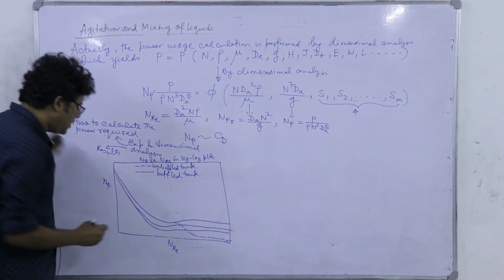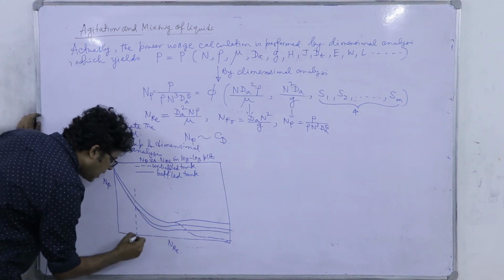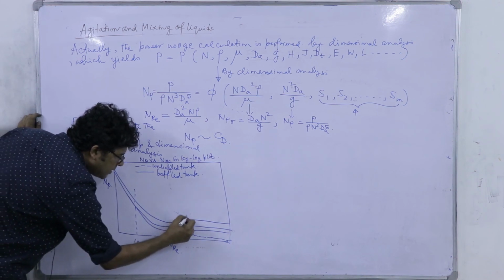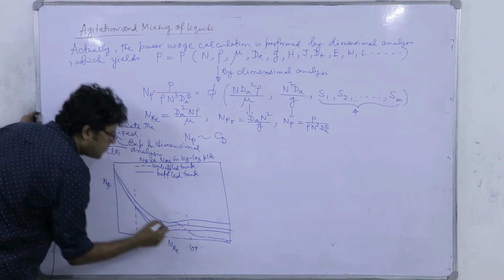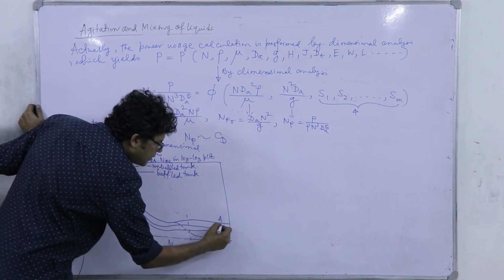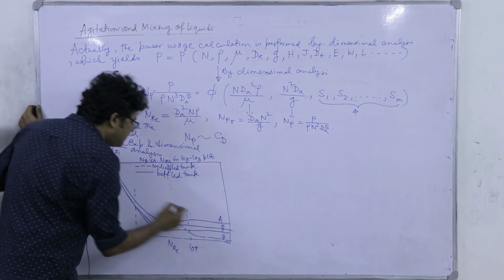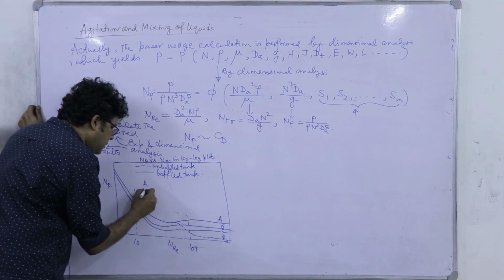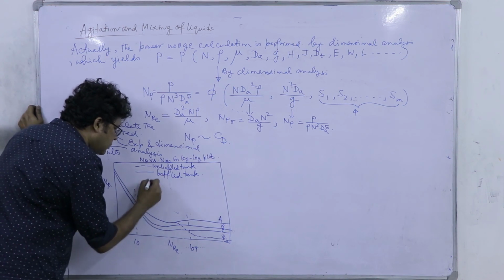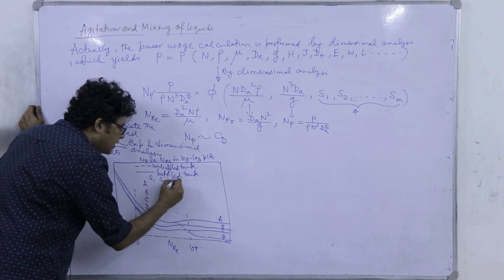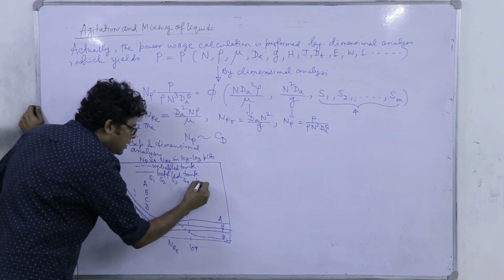Here, to have an idea, this is 10 and this is 10 to the power 4, and the curves A, B, C and D are marked for different shape factors S1, S2, S3, S4 and S5.